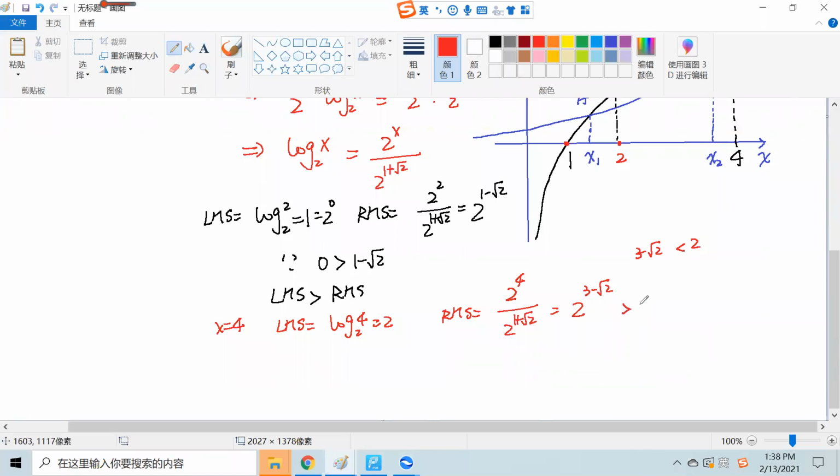Since 3 minus root 2 is greater than 1, this number is greater than 2, which is the left-hand side. So when x equals 4, the right-hand side is greater than the left-hand side.